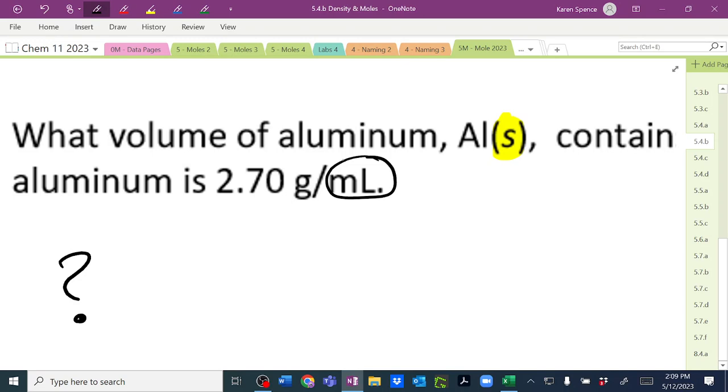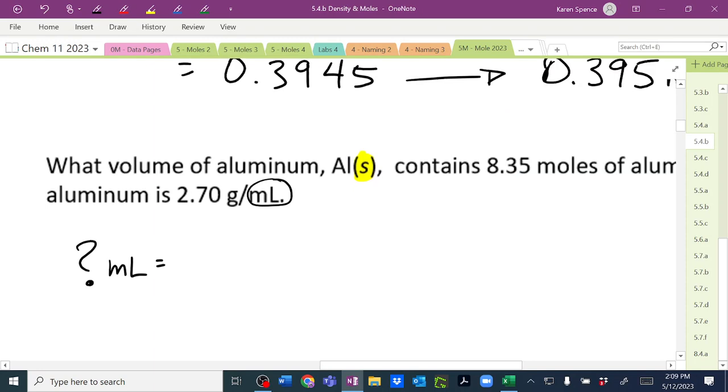If it doesn't say specifically, you can choose which one. So in this case, I'm going to say how many milliliters. If I chose liters, though, that would be perfectly fine also. And we are starting with 8.35 moles of aluminum, which is a solid, which is why we can use density.